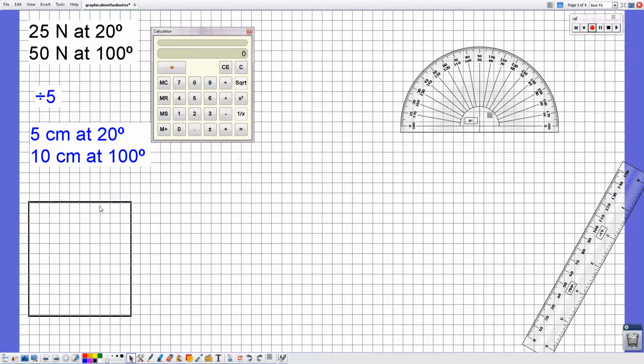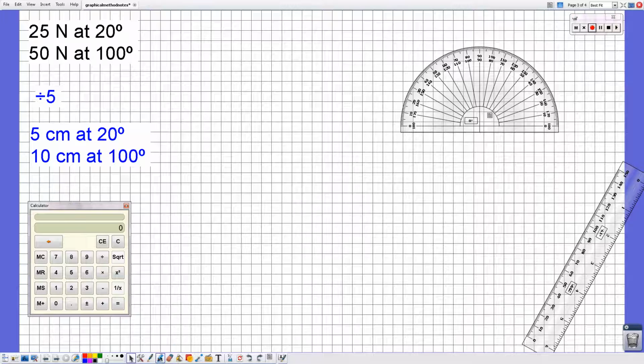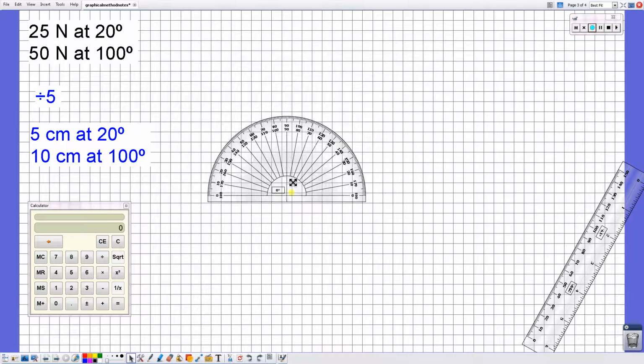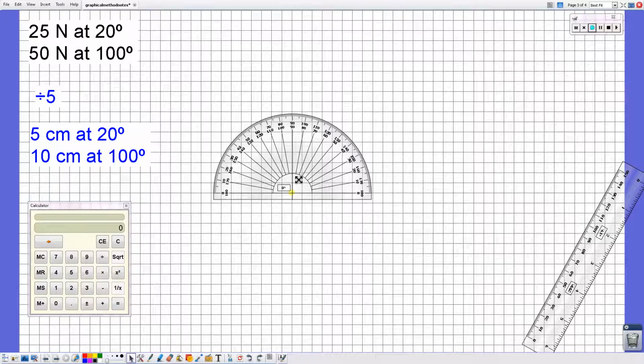Alright, and now we're just going to go ahead and get started. I'm going to start right there because I can. Protractor goes right there. 20 degrees, huh? Alright, that's there. Whoops. Notice how it's not perfectly lined up. I'm going to try again. 20.